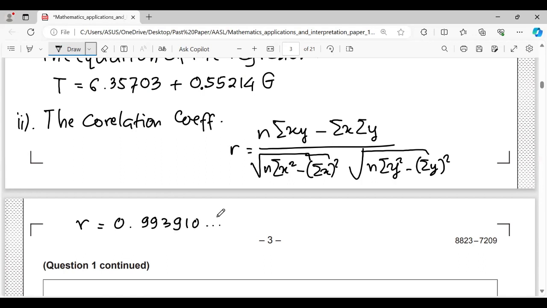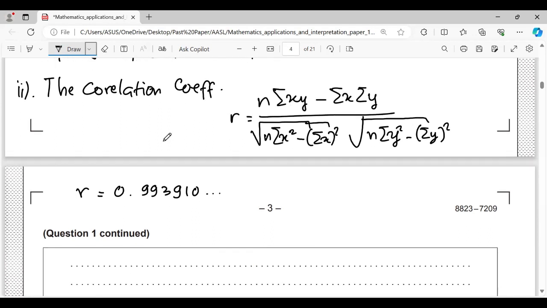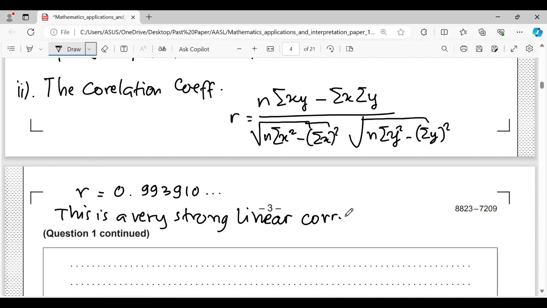So the conclusion is that this is a very strong linear correlation. Sorry, this is r of T and G.